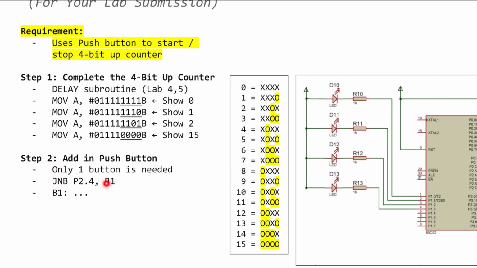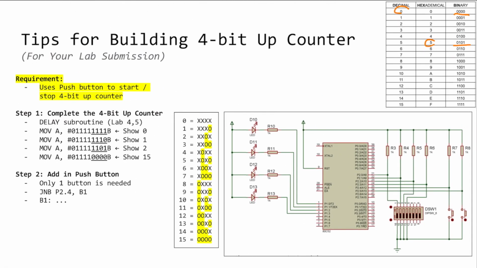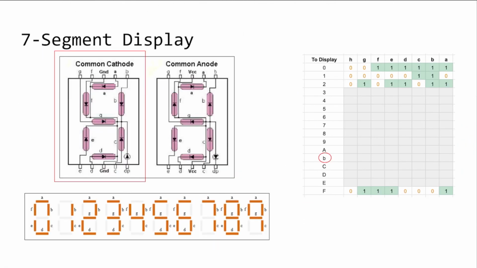So you will need to check, let's say your button is connected to port 2.4. If port 2.4 is pushed down, you will jump to B1, and B1 will be your program over here to count the up counter, which is something like this. So those are the tips for you to build the 4-bit up counter.